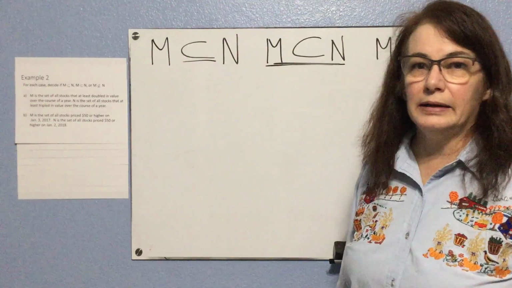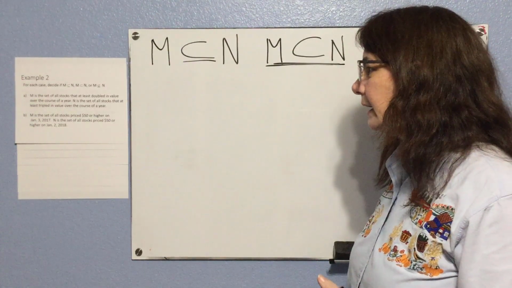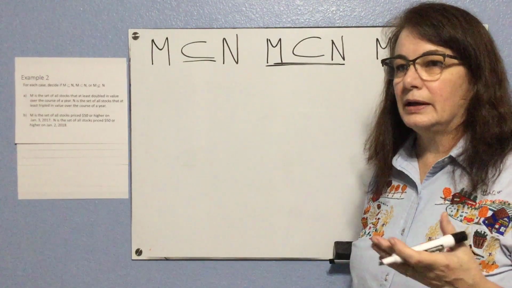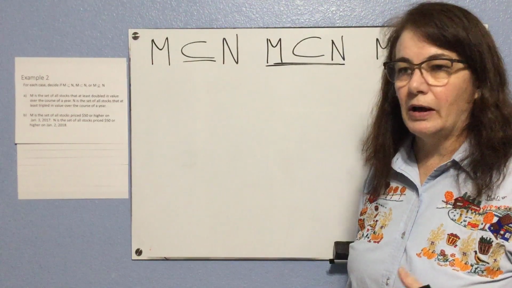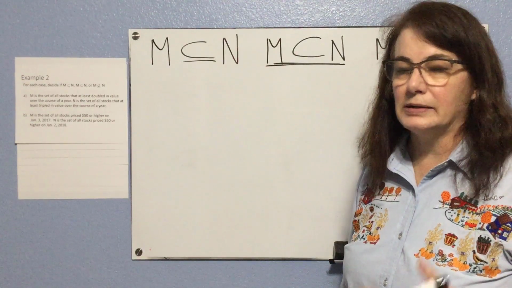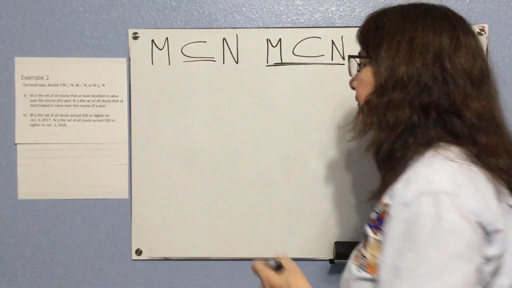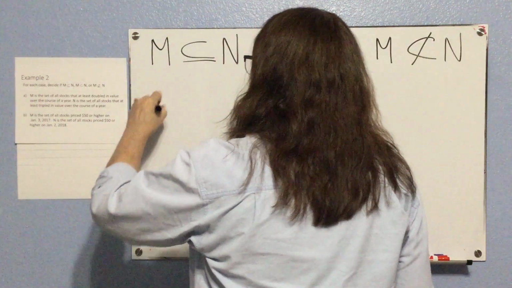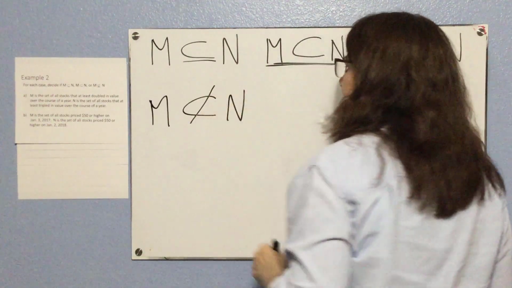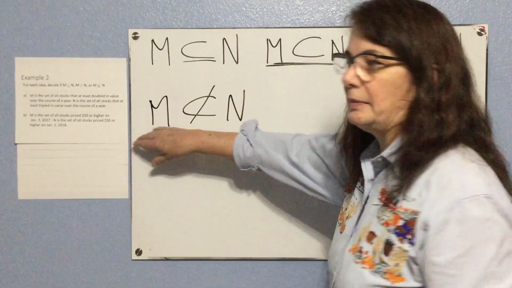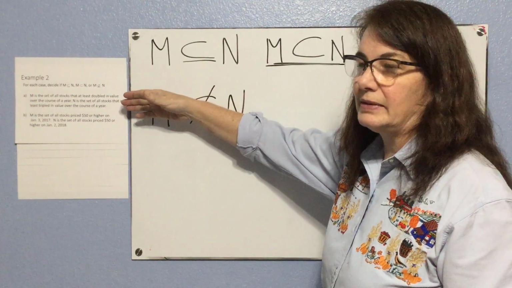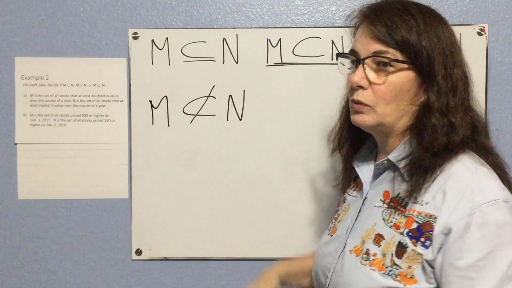And it would be highly unlikely that anything that was $50 or higher in one year, that all of them would be $50 or higher the next year. It's just the nature of the stock market that prices go up and down. So for that situation, I would say that M is not a subset of N. There could easily be elements in M that were above $50 in 2017 and then in 2018 were not.